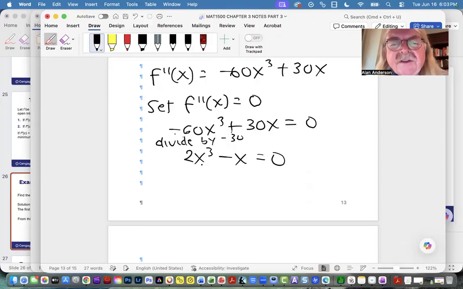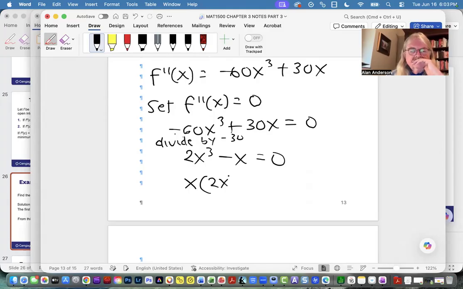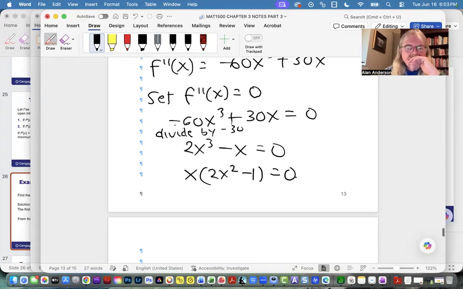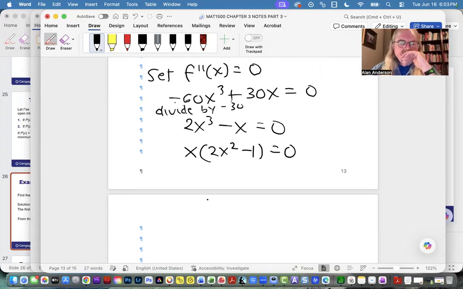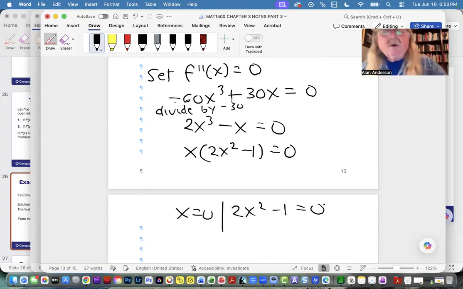So now it's 2x cubed minus x equals 0. Now, of course, if this product equals 0, that means each term individually equals 0.